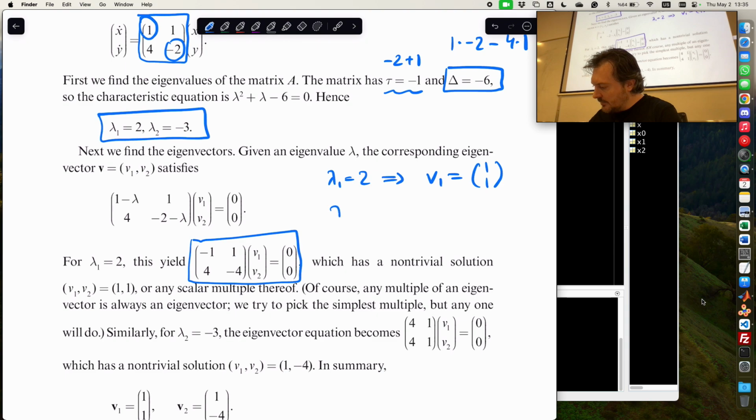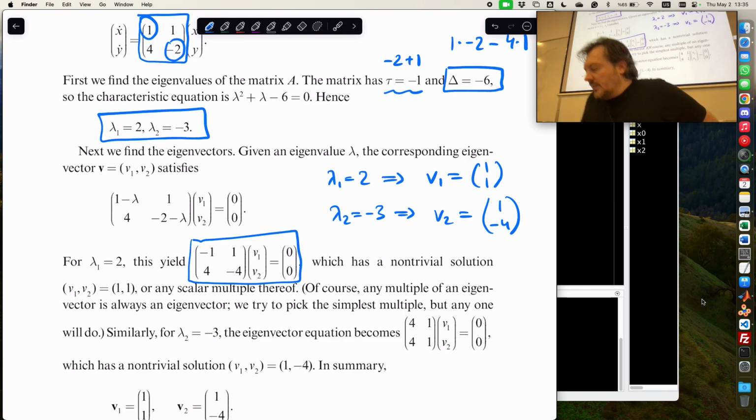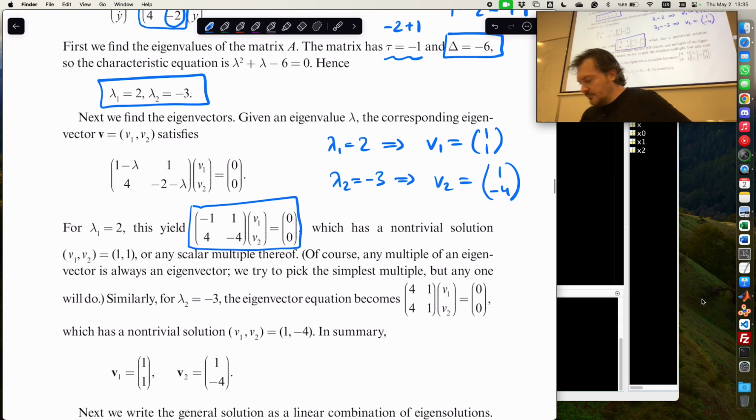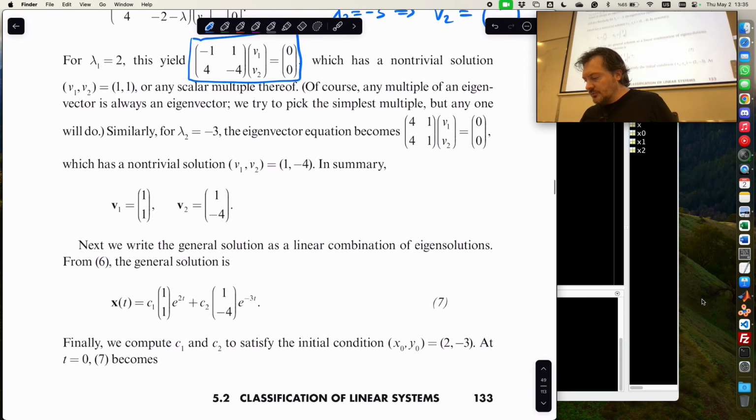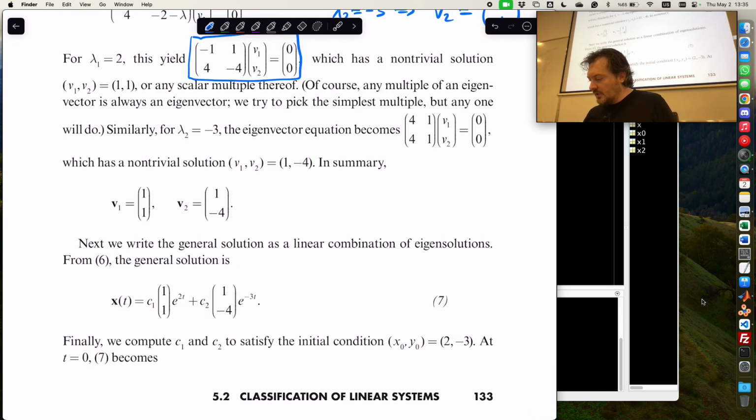For lambda 2 equals minus 3, the vector becomes (1, minus 4). Okay? So what does it mean? Well, for this particular question, this means that the general solution is like this.